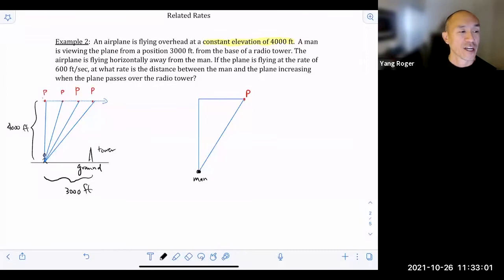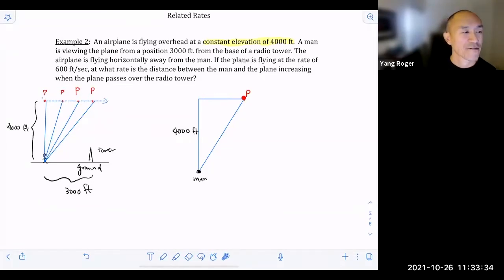And I want to label the constants and I want to label the variables. So this side right here, is that a constant or a variable? What do you think? Constant would be correct. And that constant is 4,000 feet. Is this side right here a constant or a variable? That guy would be a variable.